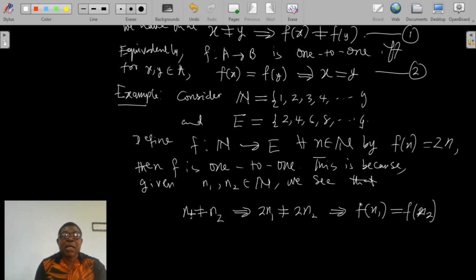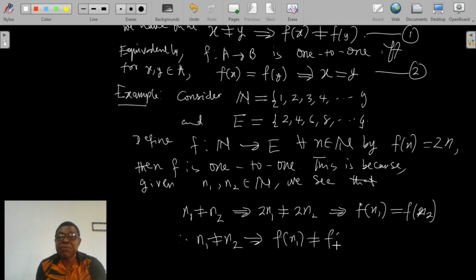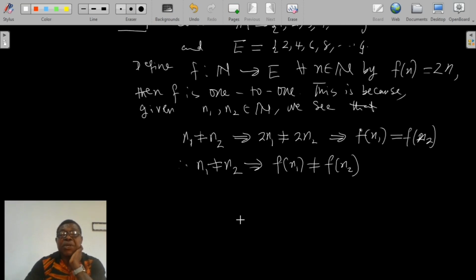So whenever n1 is not equal to n2, it is clear that 2n1 is not equal to 2n2. But 2n1 by definition is f of n1, and 2n2 is f of n2. Since 2n1 is not equal to 2n2, it means that f of n1 is not equal to f of n2. Therefore, n1 not equal to n2 implies f of n1 is not equal to f of n2. Thus, the function f defined from N to E, given for all n in N by f of n equals 2n, is an example of a one-to-one function.